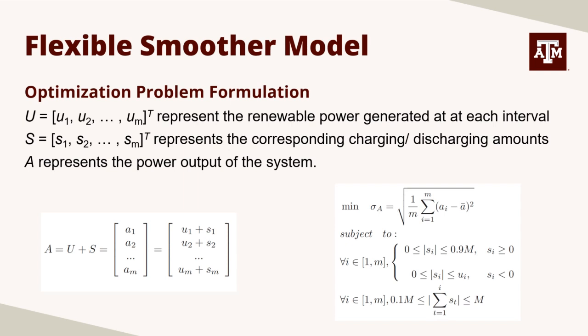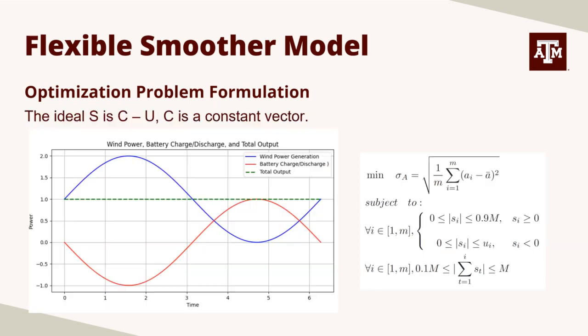A represents the final power output of the system, and we transform this into an optimization problem, minimize the variance of A, and consider a simple case where the wind follows a sine function plus a constant, and the batteries offset this with a negative sine function, resulting in a constant output.